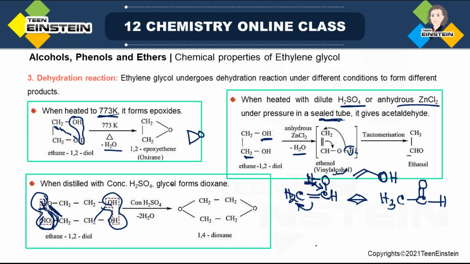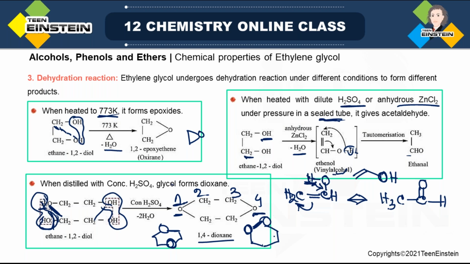So it will be a 6-member ring, and the relative position of the 2 oxygens is at the 1 and 4 positions. 1, 2, 3, 4. So that is why the name is 1,4-dioxane. This type of system, you can also write in this way. It is known as dioxane. And suppose I write it placing both the oxygens side by side, it is 1,2-dioxane.